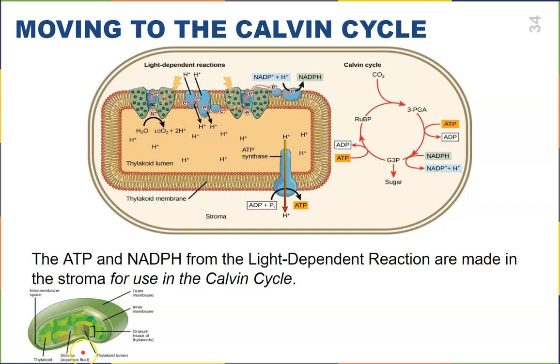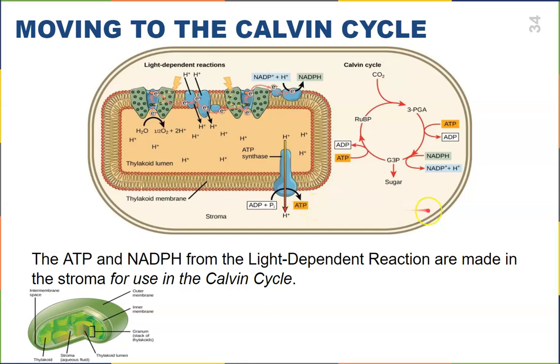It's just like a jelly fluid, and in the stroma is where the Calvin cycle takes place. The Calvin cycle does not need light, right? Light is not a reactant here. All the Calvin cycle needs is CO2 from the atmosphere, and some energy molecules that were created in the light reaction.